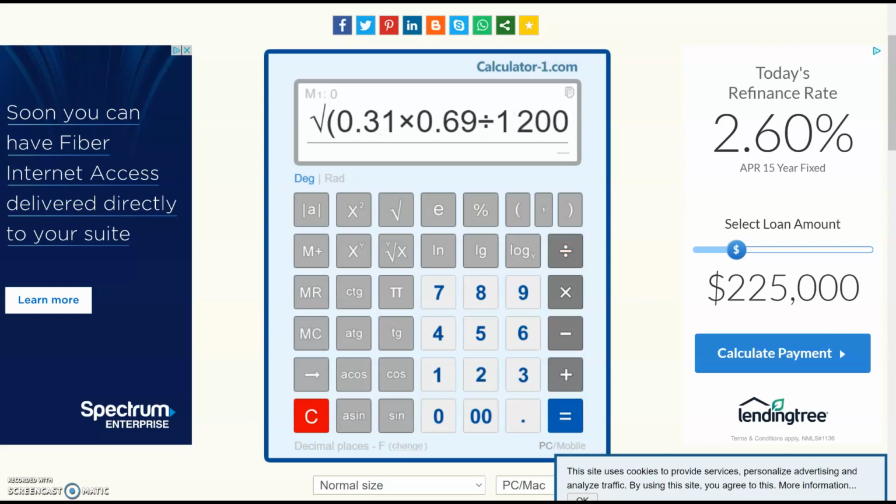Now it's important that you close off with the parentheses at the end, because otherwise the calculator probably will just do square root of the 0.31. So closing parentheses, and now that tells the calculator, take the square root of everything that's in parentheses. And so same answer, 0.01335. All right, so that's the basics of how to use a calculator.